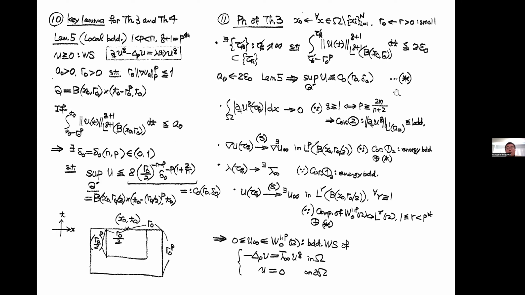Sorry, I have no time, but based on the local boundedness, we can show the validity of Theorem 3. Okay, so for the proof of Theorem 3, we choose x naught in Lemma 5 as any point x outside the N finite points.